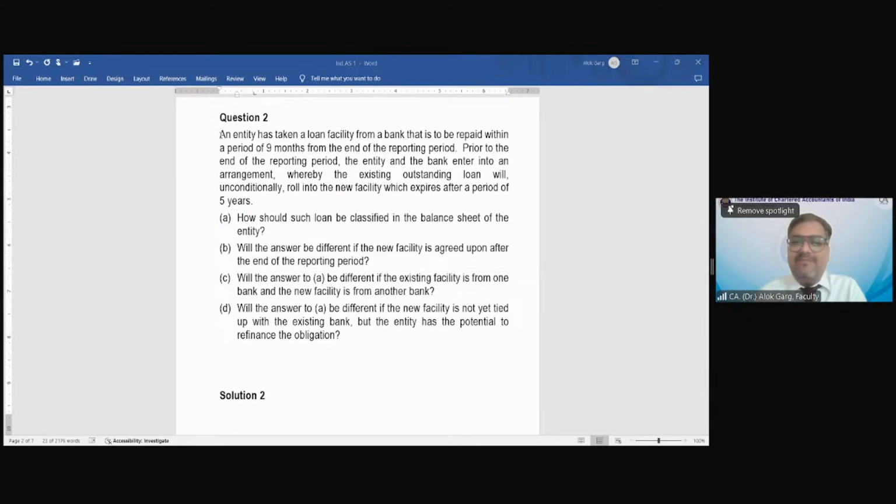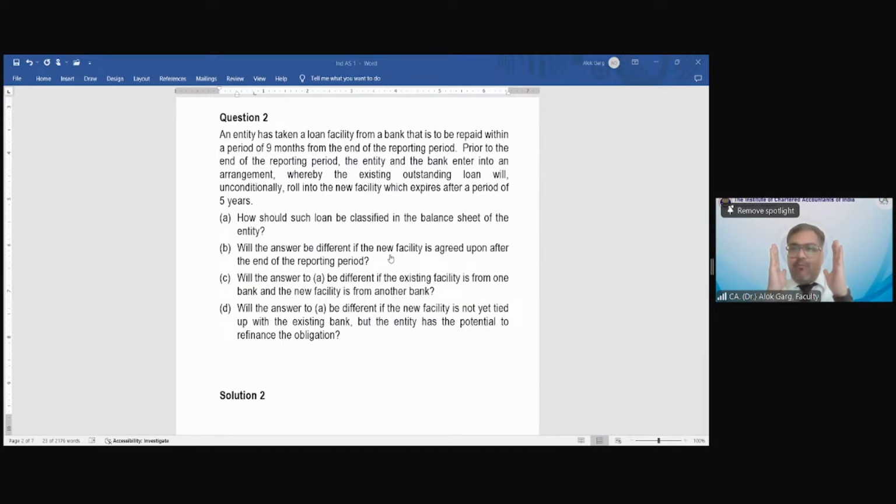Yes, existing will be current and new facility will be non-current. Yes. So before 31st March, you have entered into an agreement with another bank and another bank has agreed to pay you a loan which has to be repayable after 5 years. But the loan liability from the existing bank has to be repayable after 9 months.